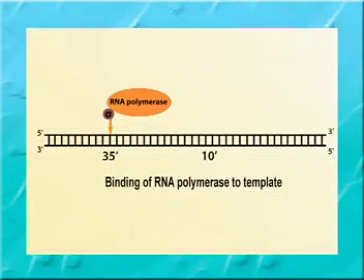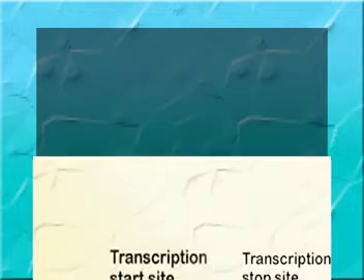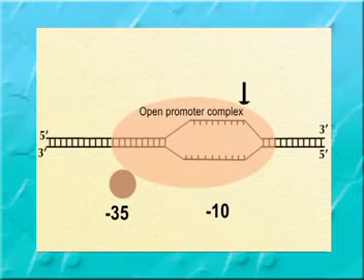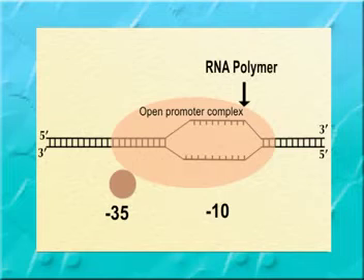A recognition site, which is far from the transcriptional unit, is recognized by the RNA polymerase and facilitates its binding to the template. The RNA polymerase binding site is closer to the transcription initiation site and helps in the initiation of RNA synthesis by opening of the double-stranded DNA.